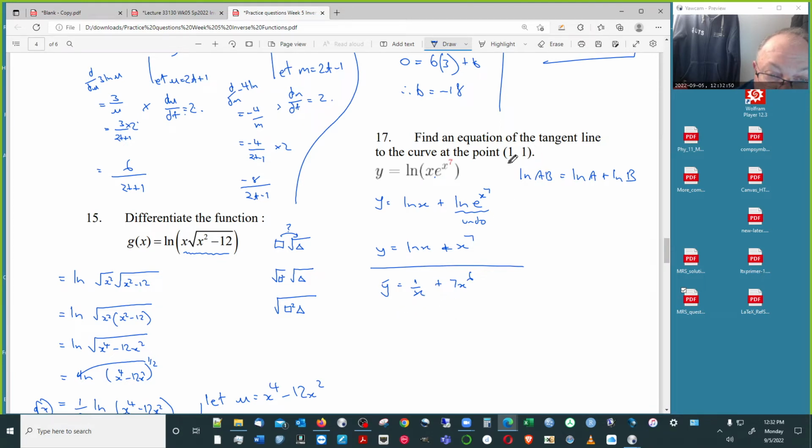And we've got the point again. So we're going to do function notation, because this is m. So it's going to be 1 over 1 plus 7 times 1, which gives us 8. Okay, we go through and do it again.